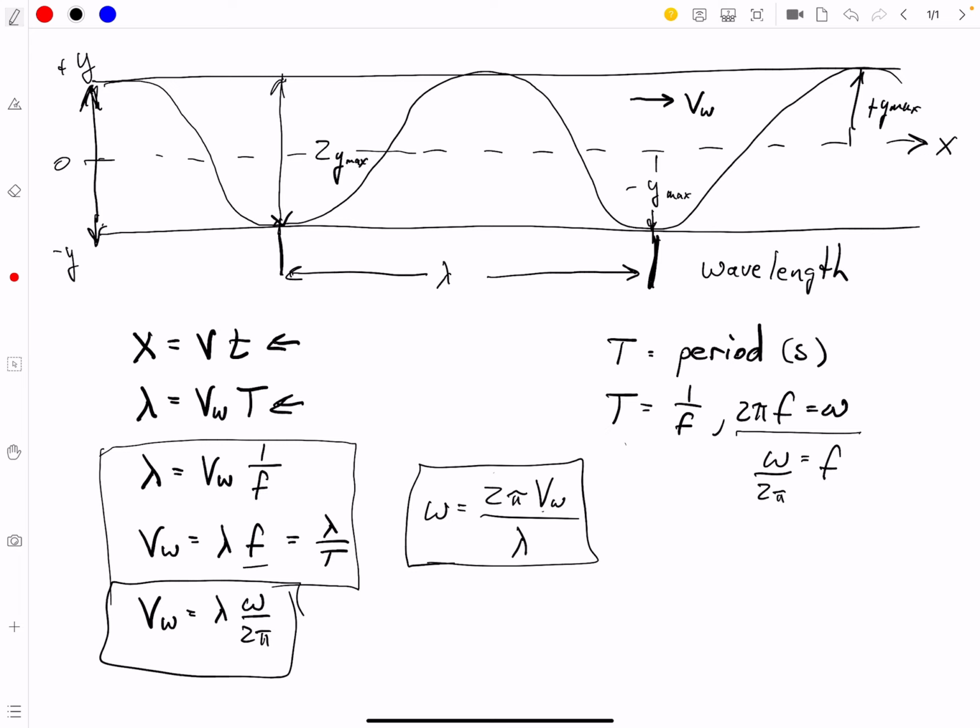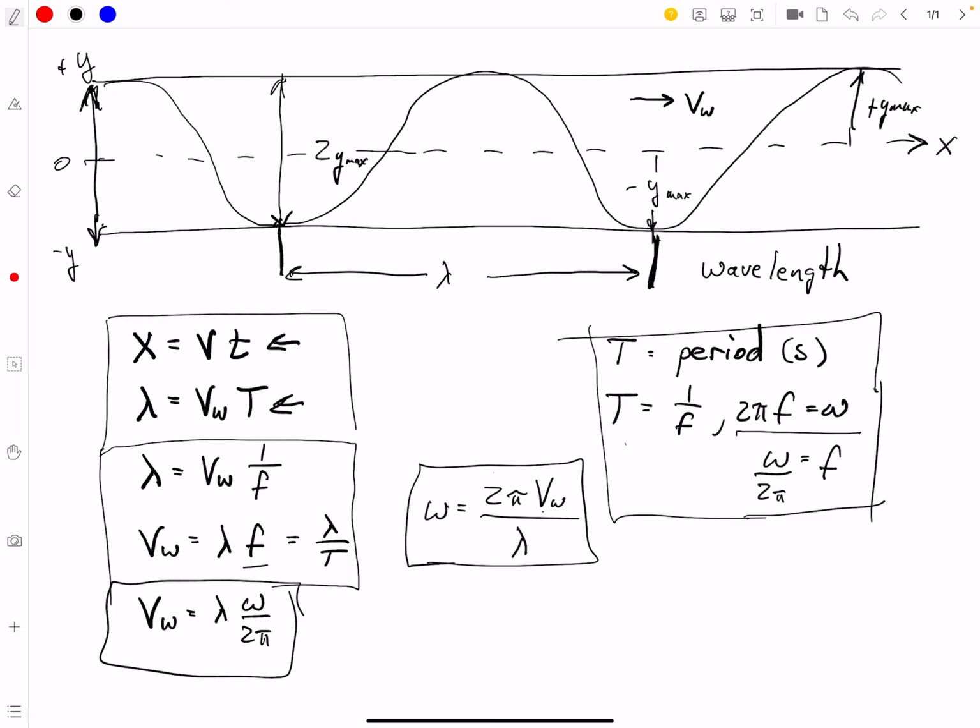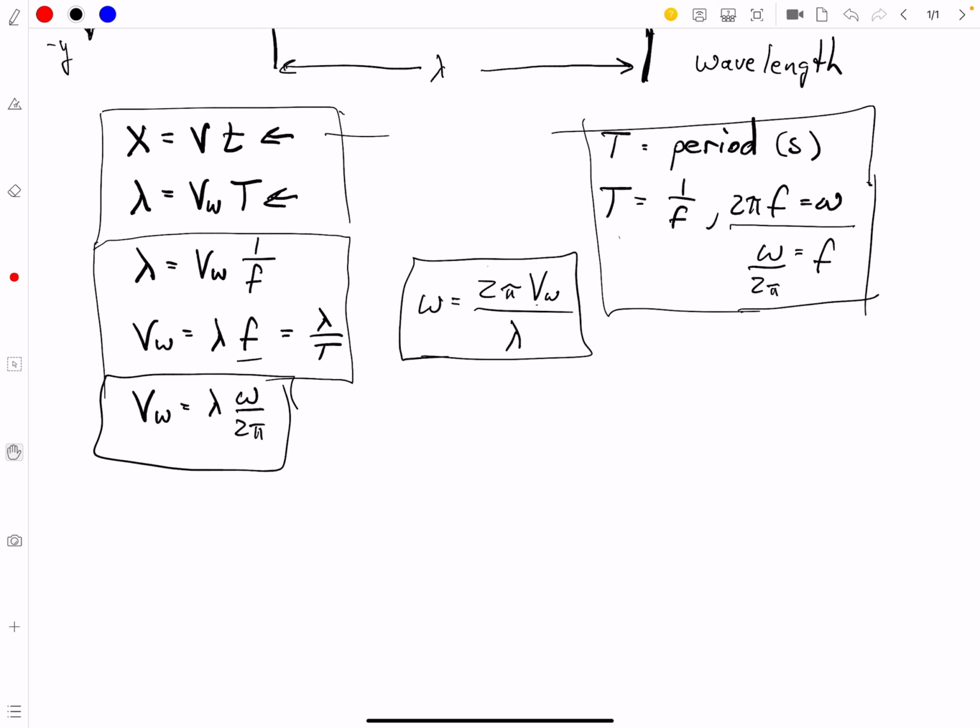Those are key. And of course, they all stem from these equations over here, which are more fundamental. So you can go from x equals vt and get a lot of stuff. Okay, great. Sorry about that. Got a little mistake in there.